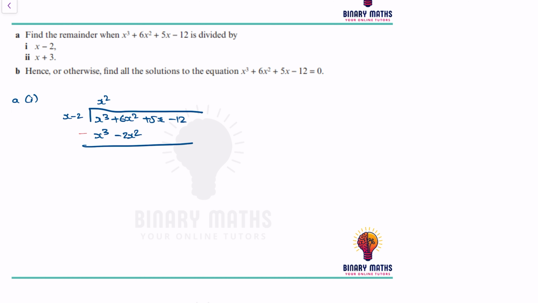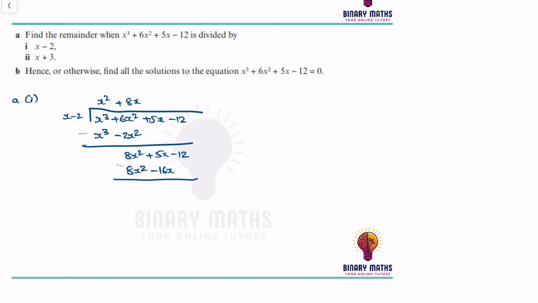I'm subtracting it. The first term disappears. I end up with 8x squared plus 5x minus 12, plus 8x, because 8x times x gives me 8x squared. So I've got 8x squared minus 16x. Again, I'm subtracting.